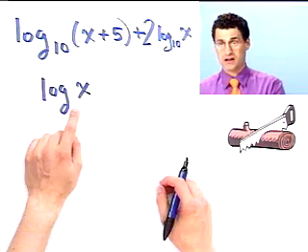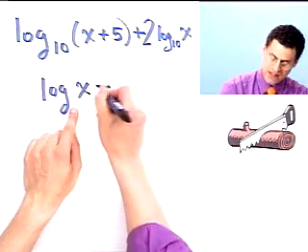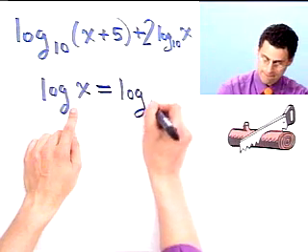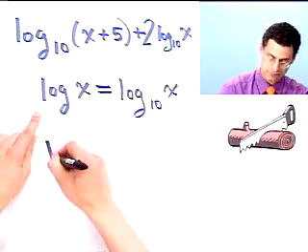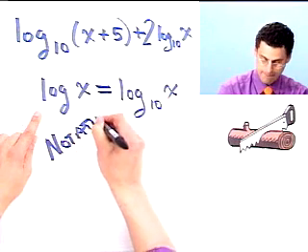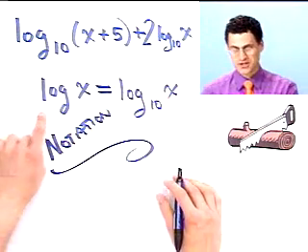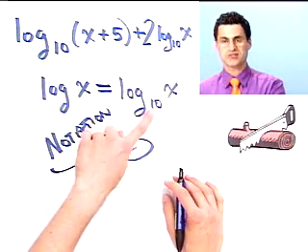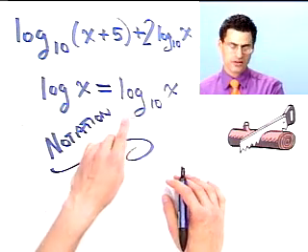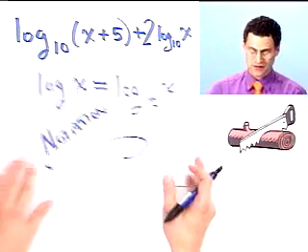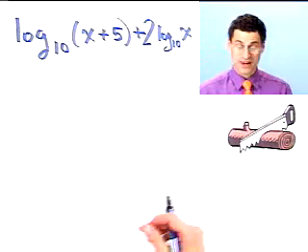It's a naked log. If you see a naked log, you should understand that it's log base 10. This is notation: a naked log just means the invisible base must be 10. I'll start using that now to illustrate it and also to save time.